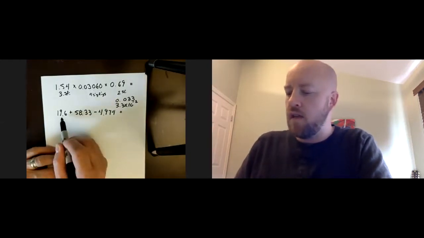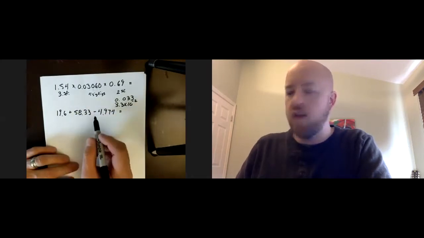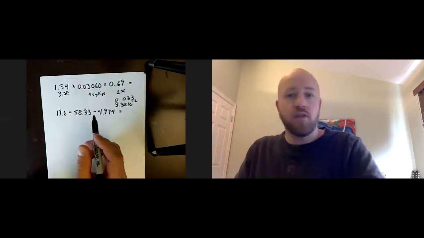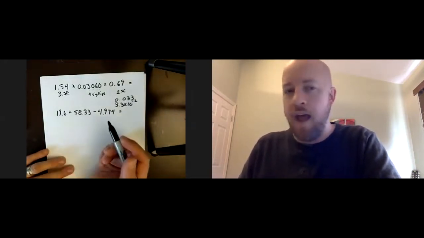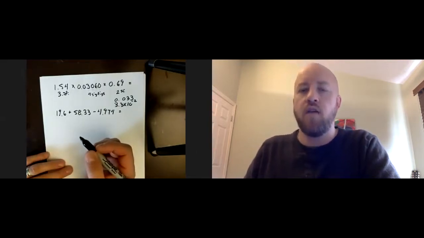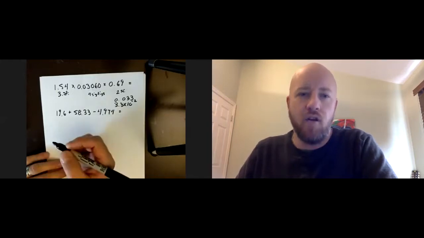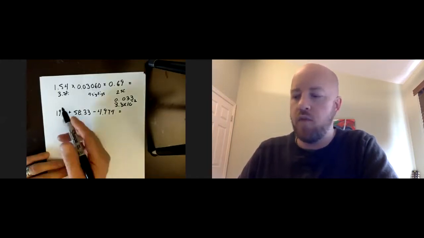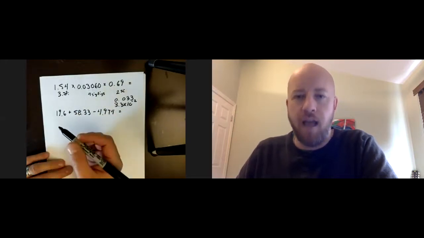The second problem here is addition and subtraction. In addition and subtraction, it's not based on the number of significant figures, it's based on the number of decimal places. The answer has the same number of decimal places as the term with the fewest decimal places. The fewest decimal places indicates the least accurate term. Just like in the previous problem, if it has fewer significant figures, that means it's less accurate.